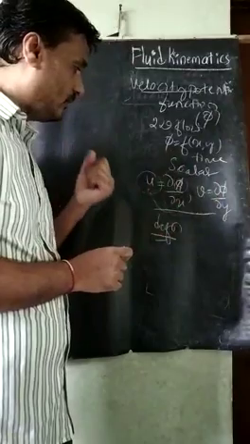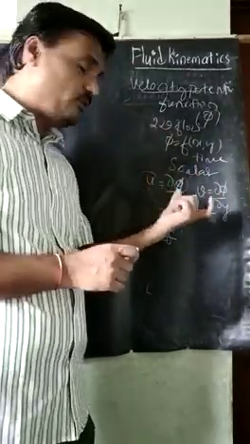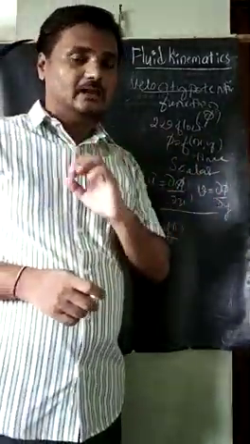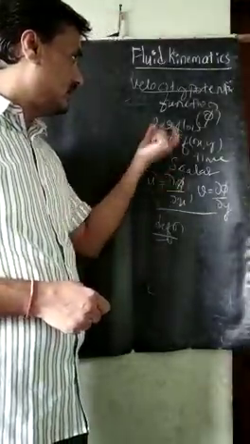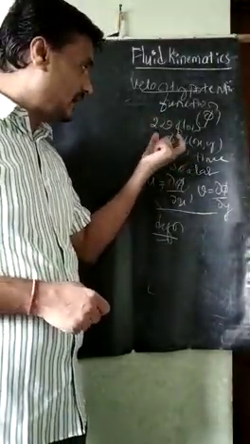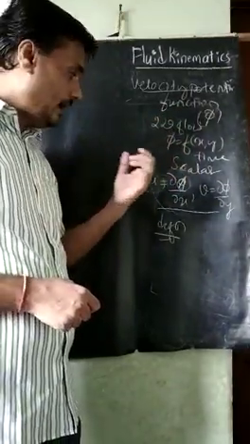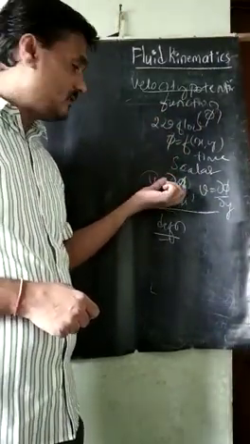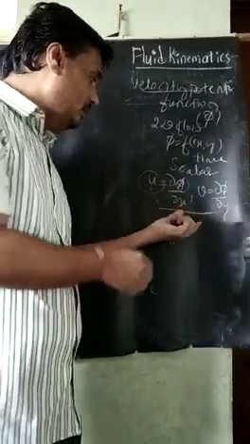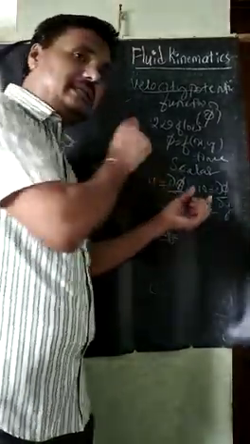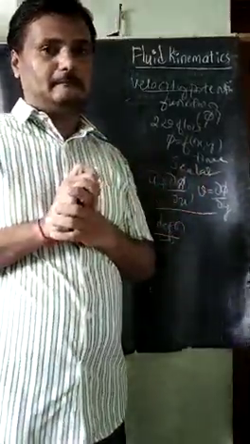So by this equation, we can state the definition: the velocity potential is a scalar function, and its differentiation with respect to any space coordinate gives the velocity in that direction.